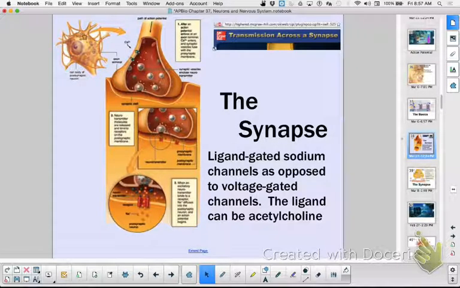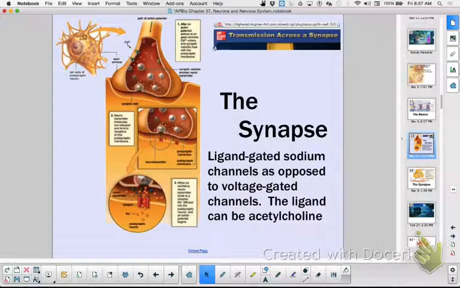And then neurotransmitters bind to the receptors, causing either excitation and the opening of sodium gates, or inhibition and a tighter seal on the sodium gates.